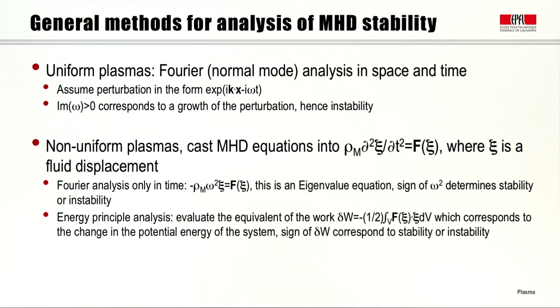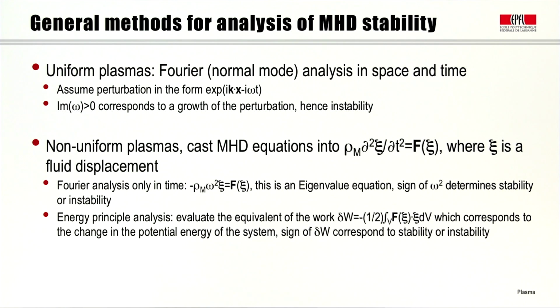We can then perform a Fourier analysis only in time. This tells us that minus ρm omega squared ψ is equal to F. This is an eigenvalue equation. The sign of omega squared determines the stability or instability.